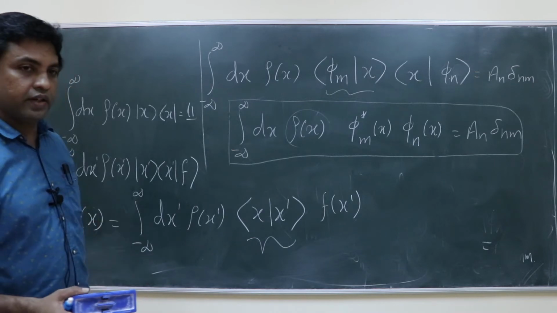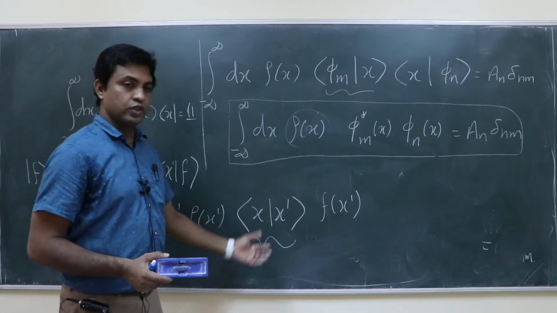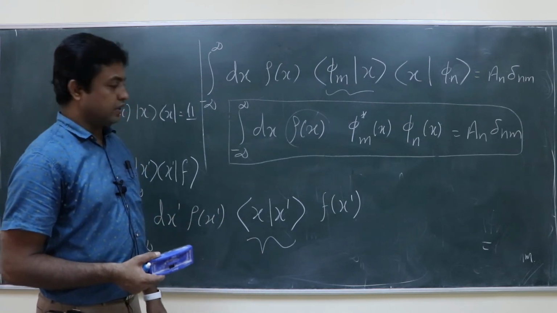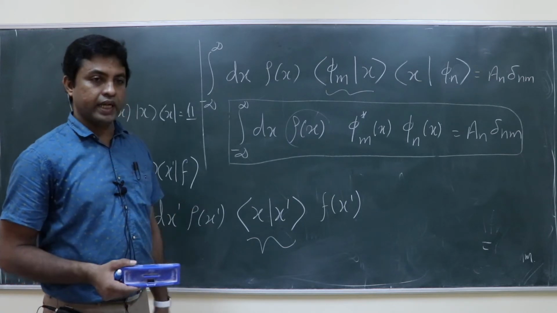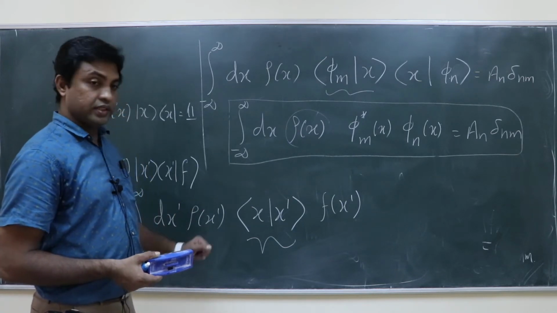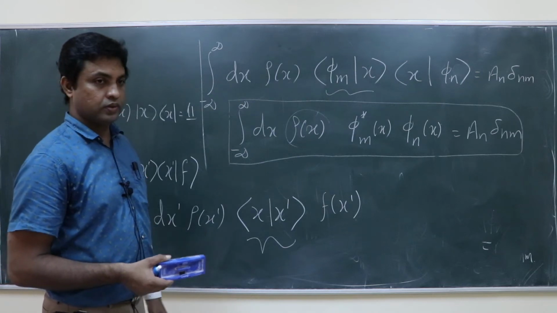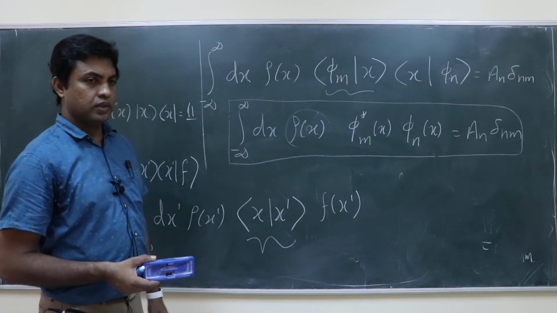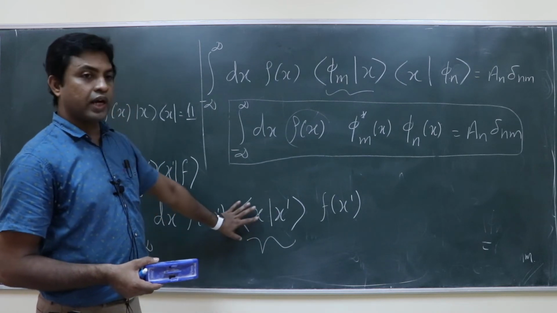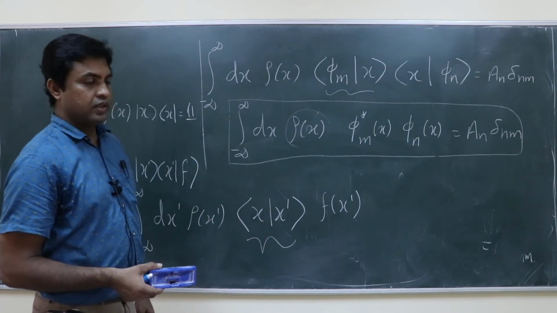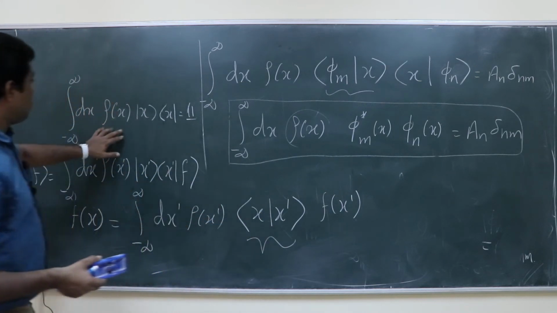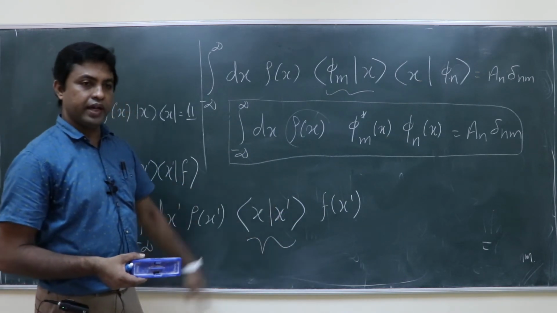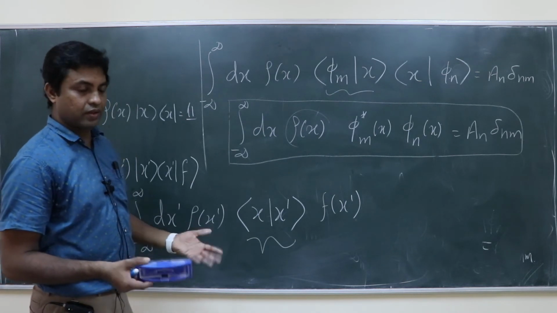There are two answers I can hear. One answer is 1, the other one is delta x minus x prime. Just think about which answer is correct, or whether both of them are wrong. If bra x ket x prime is equal to 1? See, these are continuous basis. In the continuous basis, without this rho of x, bra x ket x prime is never a 1 or a Kronecker delta.